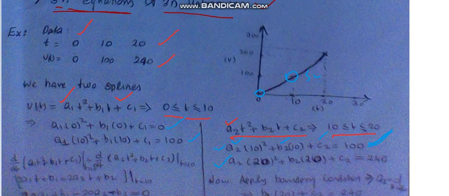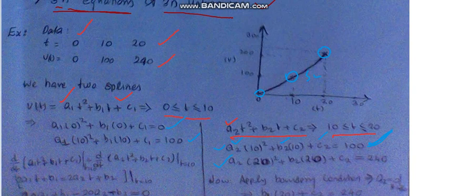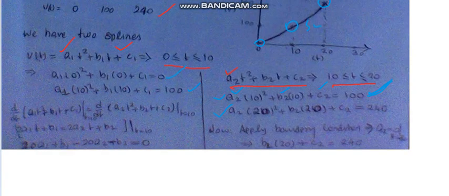And we also have the last point, a2 into 20 square plus b2 into 20 plus c2 equal to 240. So these are the equations corresponding to these data points.